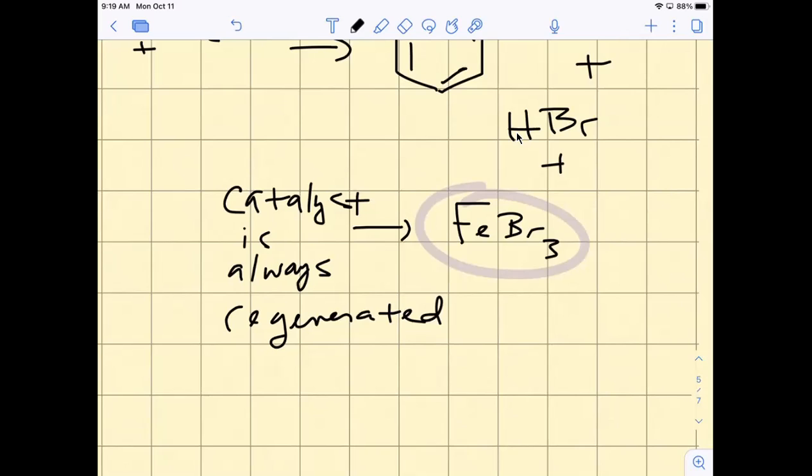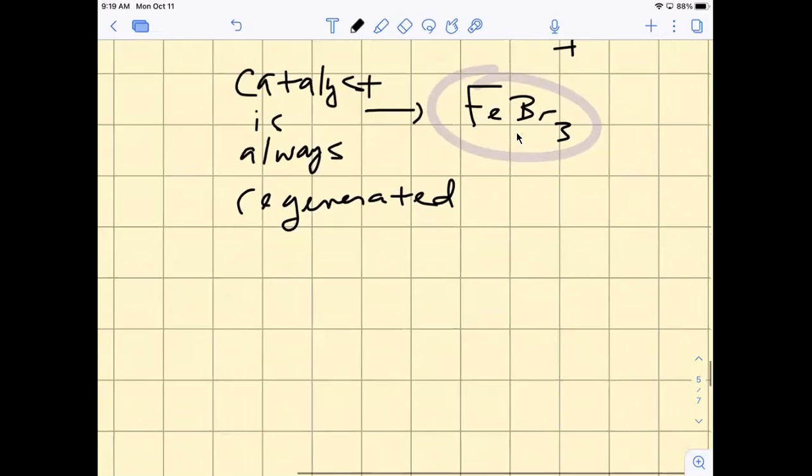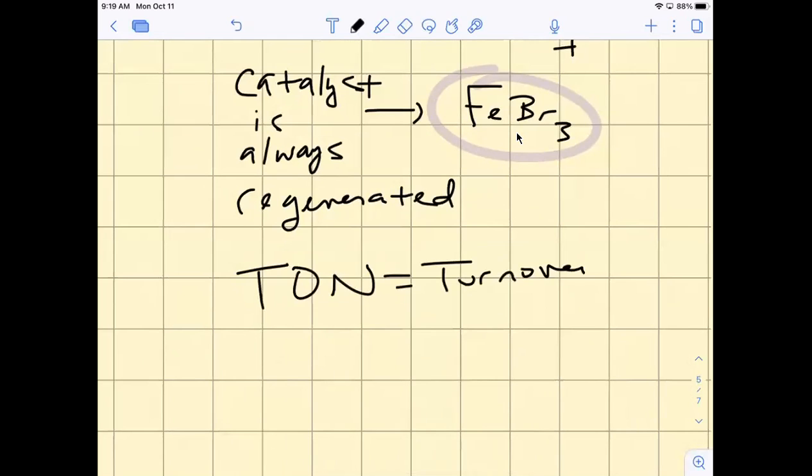And some catalysts have higher turnover numbers than others for certain types of reactions, but the turnover number is just the number of times that the catalyst can catalyze a reaction.